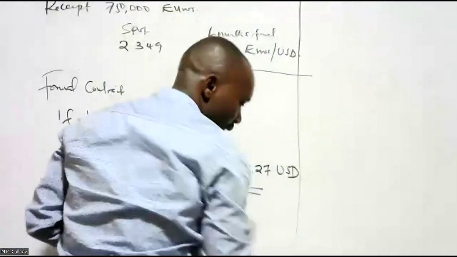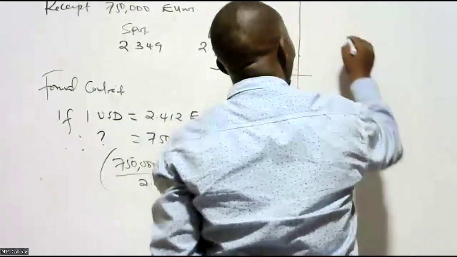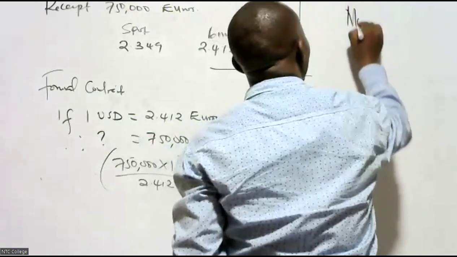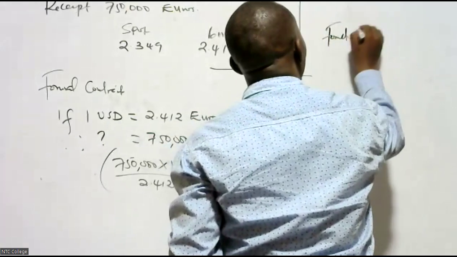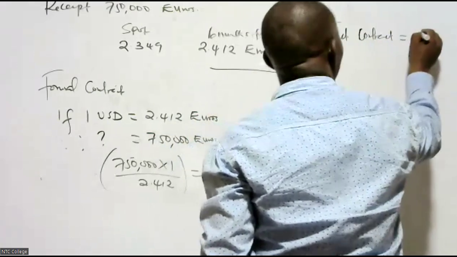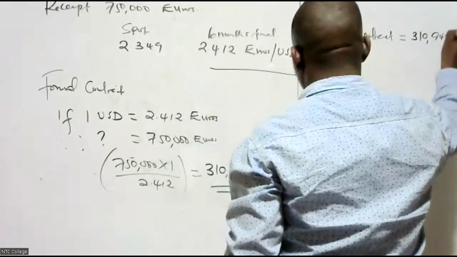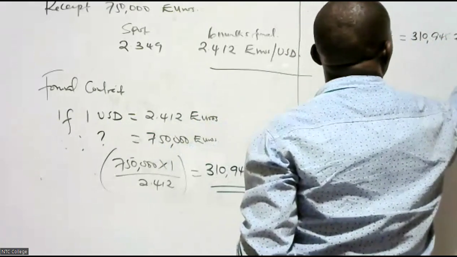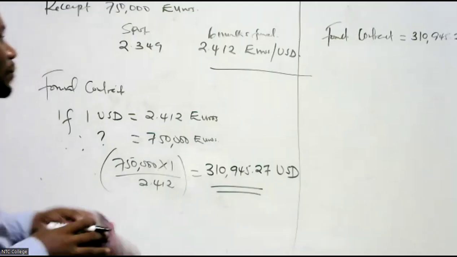That is what they will get. Let's look at the money market. Forward contract is equal to 310,945.27 USD. So let's do our money market and then we go home.